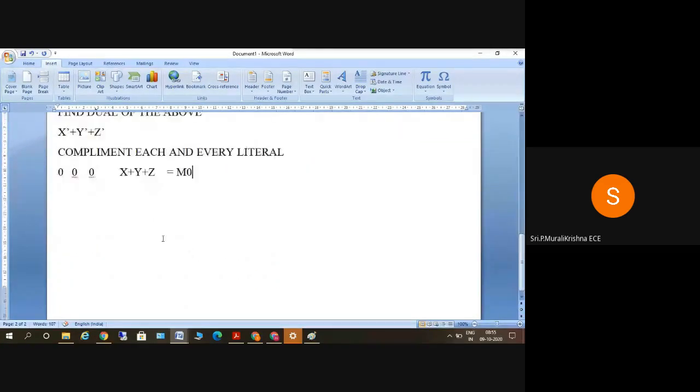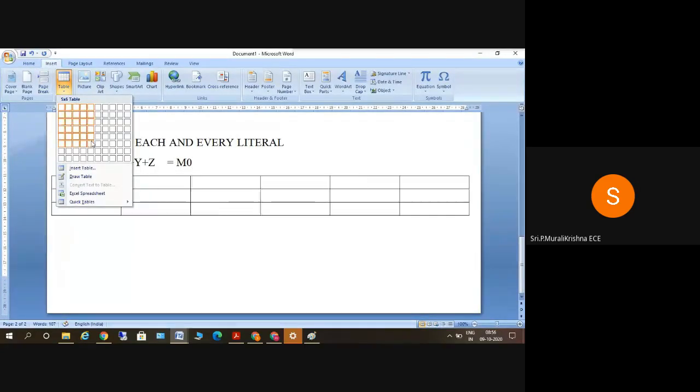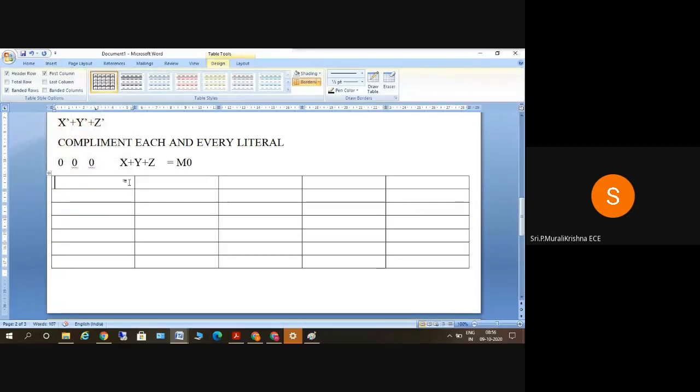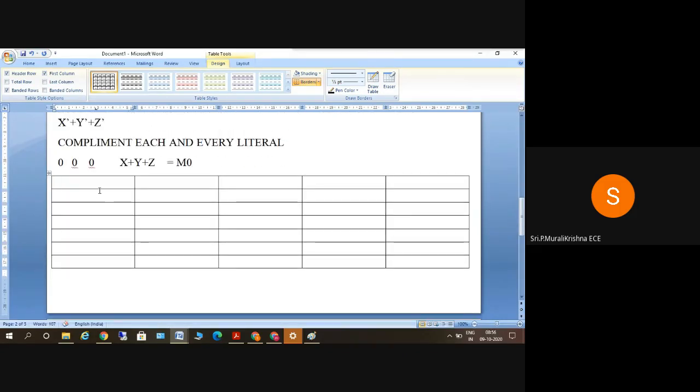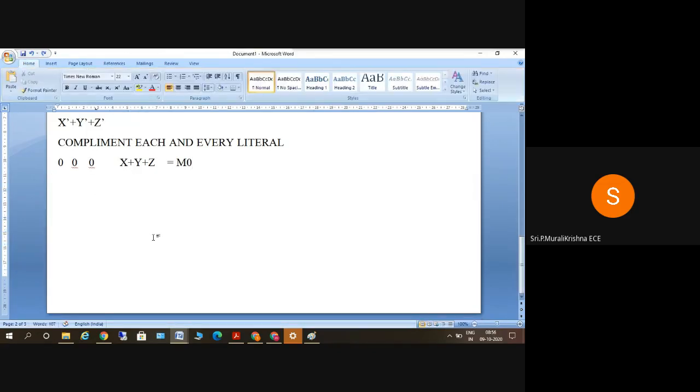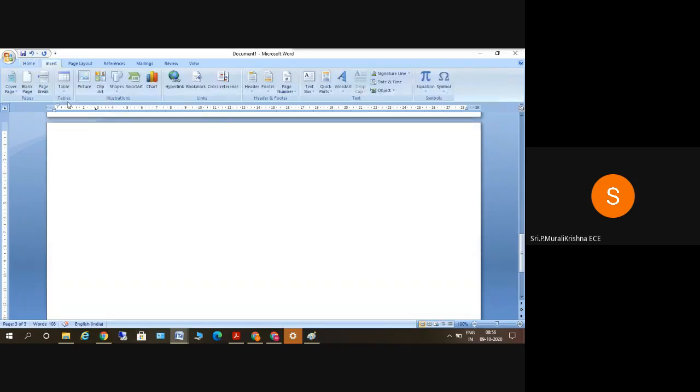So we will check a table here. Okay, so we'll check a table. The table will be like this: X, Y, Z combinations. So we'll take a big table, and I'll mention the difference between minterms and maxterms.